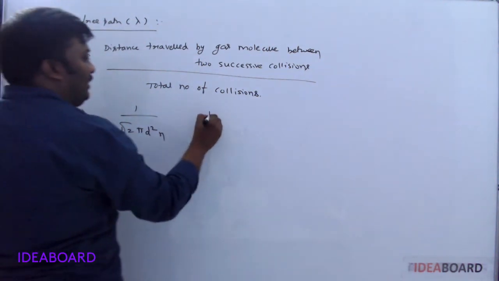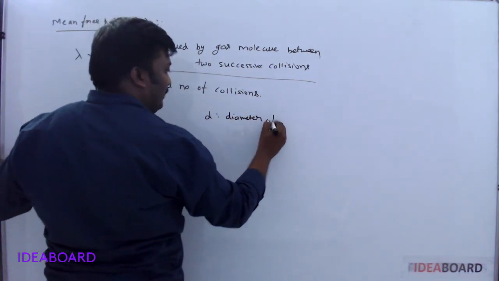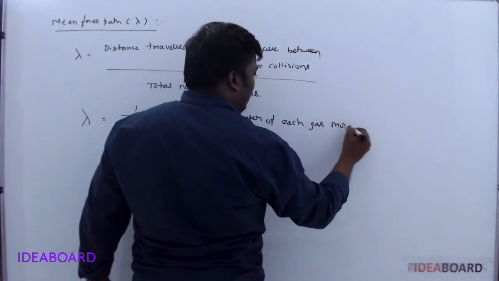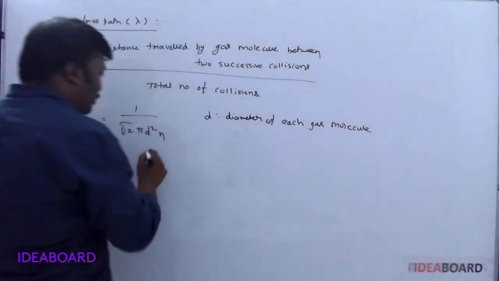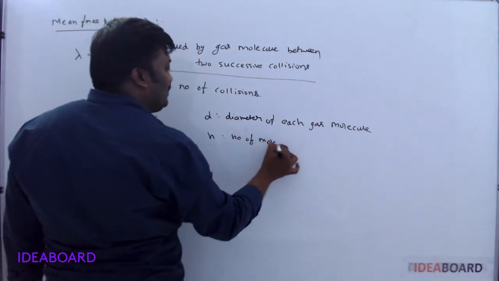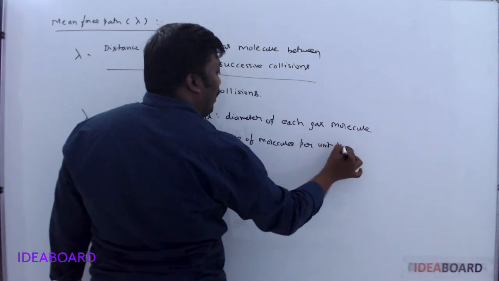Here d is the diameter of each gas molecule, and n is the number of molecules per unit volume.